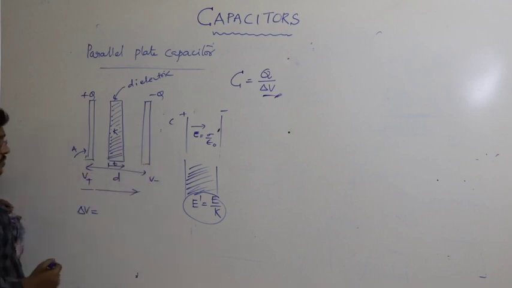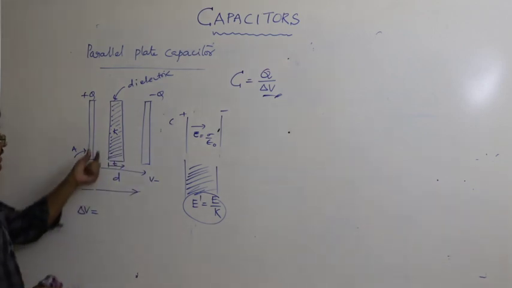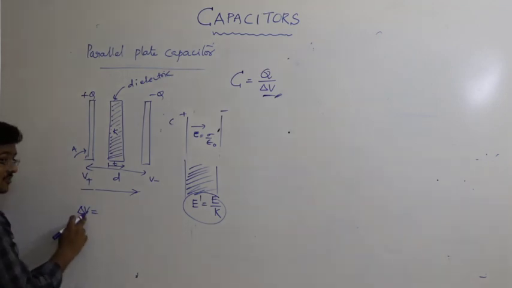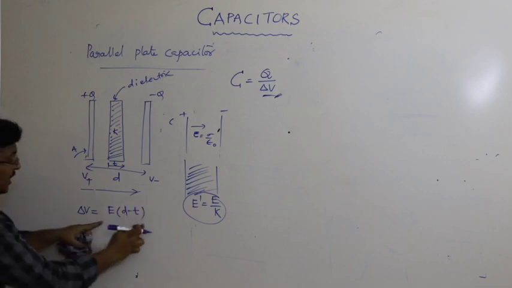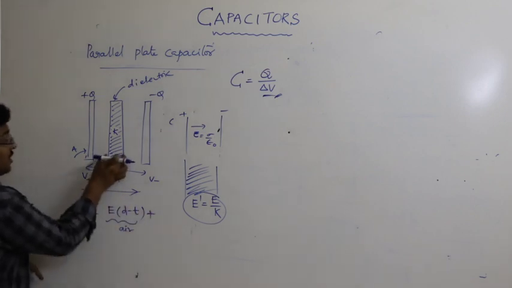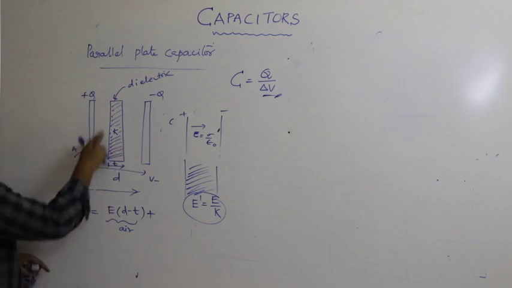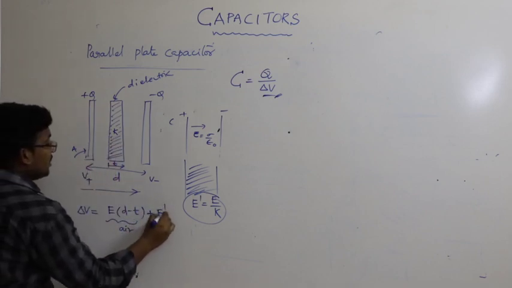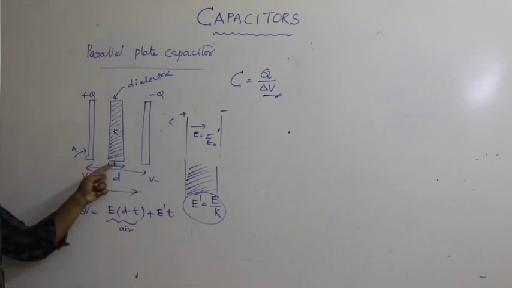D minus T. This entire distance is D. In the remaining distance only air is there, so the electric field is E. So the potential difference is E into D minus T for air, plus in the dielectric some potential difference is lost. In the dielectric the potential difference is E dash into thickness T, because the electric field is E dash and the thickness is T.